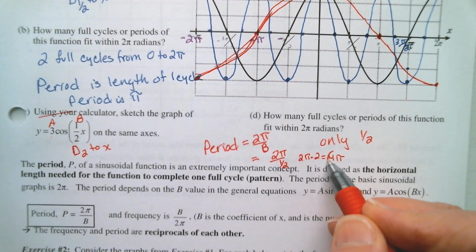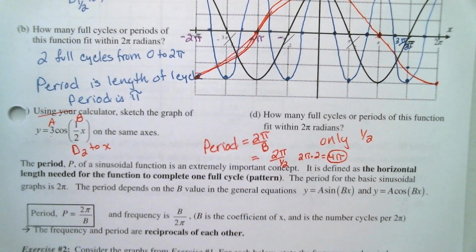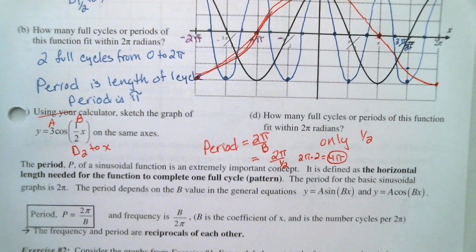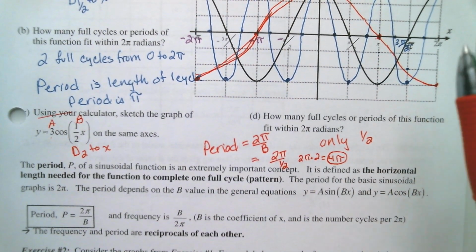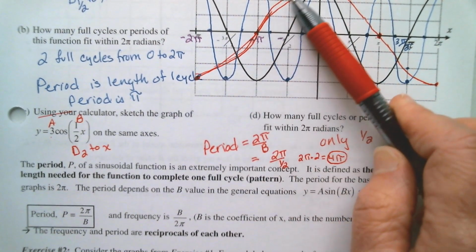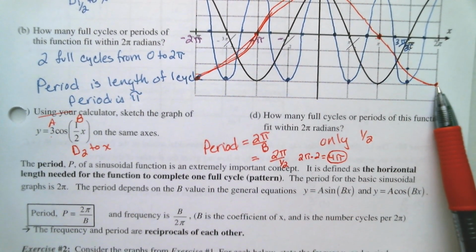Meaning it would take a distance of 4 pi to get one complete cosine curve. And that's actually what we have here. We have one complete, what we call inverted cosine curve.